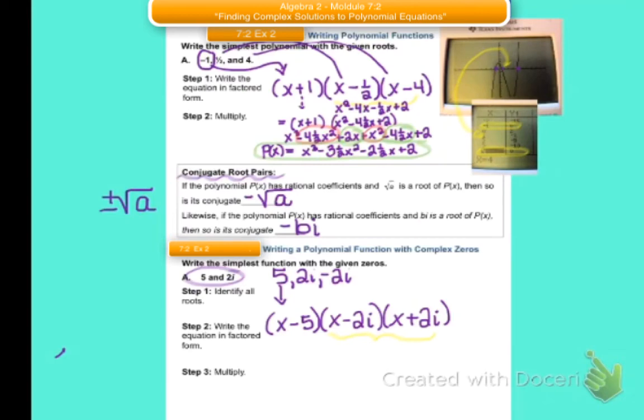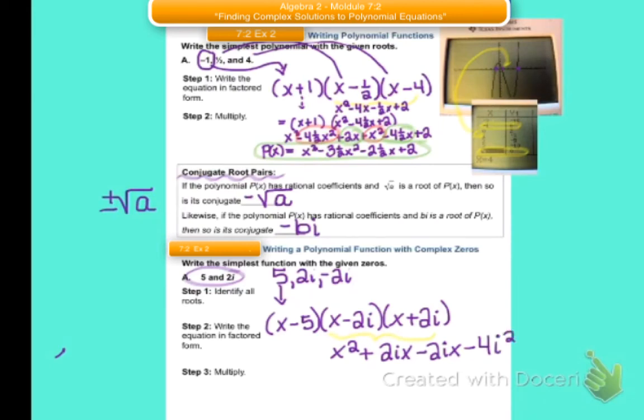When I multiply the first 2, x times x, that's x squared. The 2 outside terms, I would get a positive 2i times x. The two inside terms would give me a minus 2i times x, and the last two would be a negative 2i times a positive 2i, which would be a negative 4i squared.